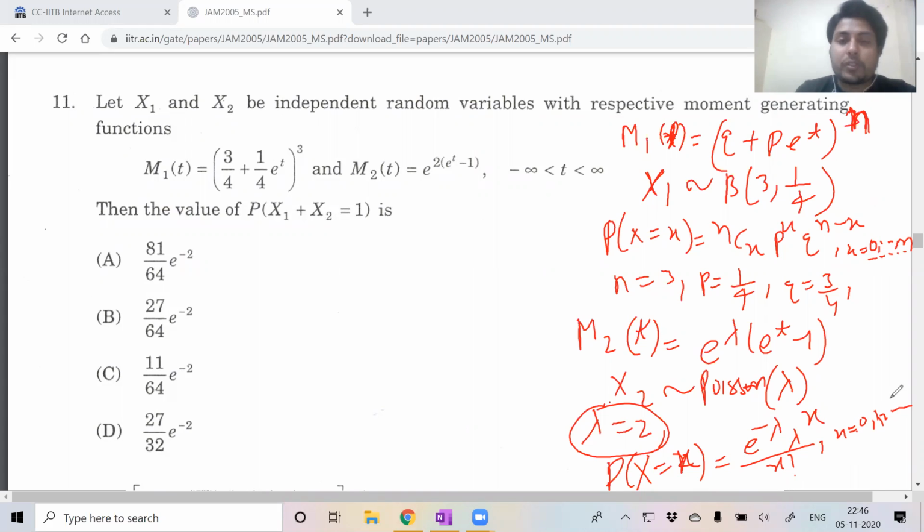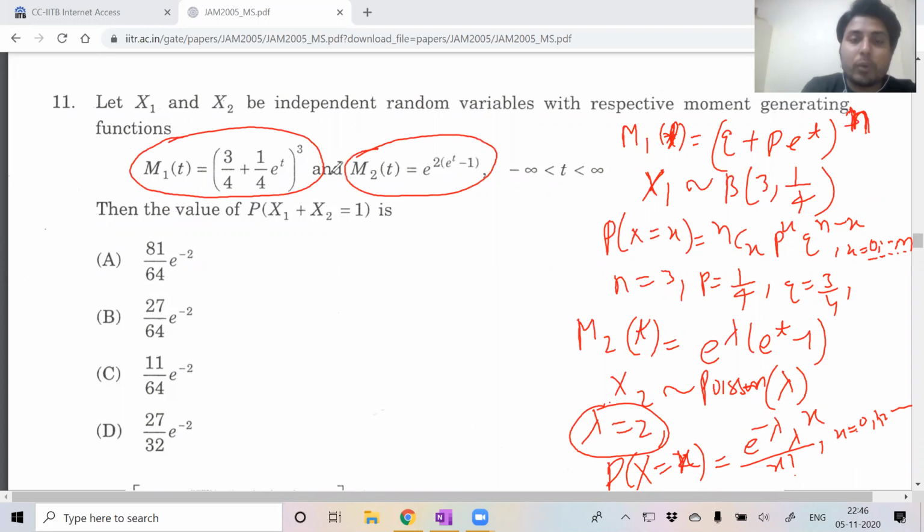Now let's come to the question. From the given MGFs, we collected that this is the MGF of binomial and this is the MGF of Poisson. What we need is the value of probability X1 plus X2 is 1. We know X1 can take values 0, 1, 2, 3 up to n, and n is 3, so actually 0, 1, 2, 3 only.